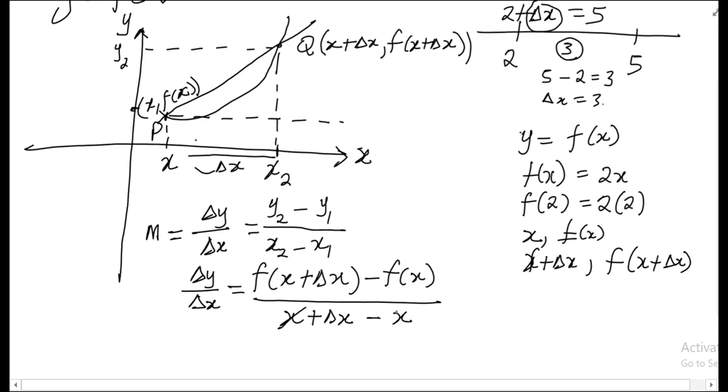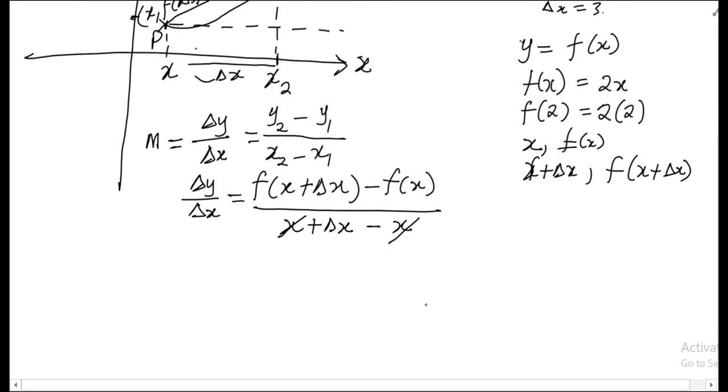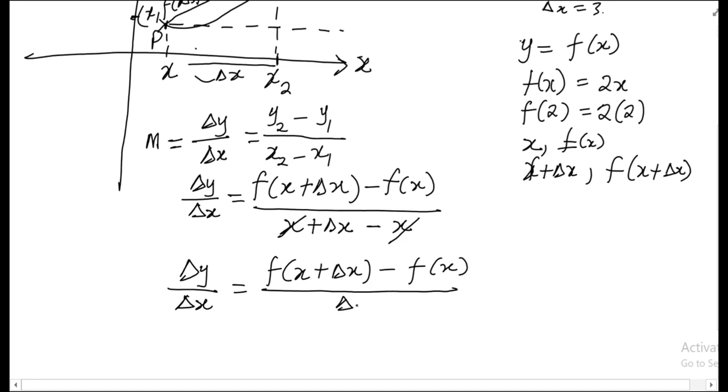So here you see x minus x is equal to 0. What we are left with is dy over dx equals f of x plus dx minus f of x, all over dx.